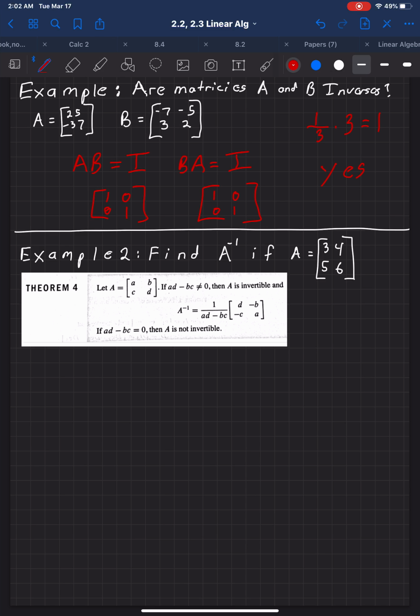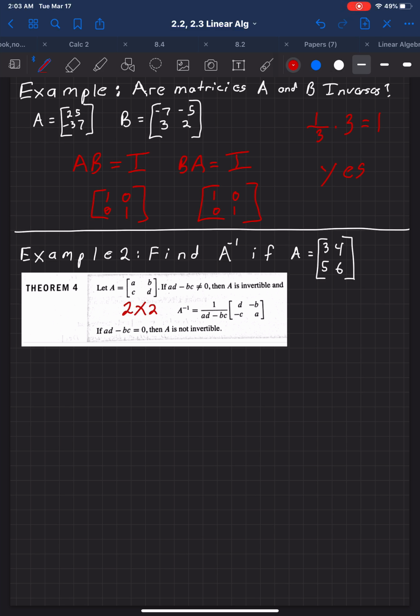And now, example 2, how do we actually use that formula to find an inverse? Remember, this is only for a 2 by 2 matrix, not 3 by 3s or 4 by 4s. By the way, it should go without saying that to find an inverse of a matrix, the matrix must be a square matrix, a 3 by 3 or a 2 by 2, 4 by 4.